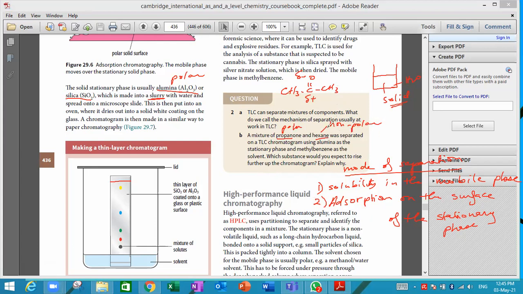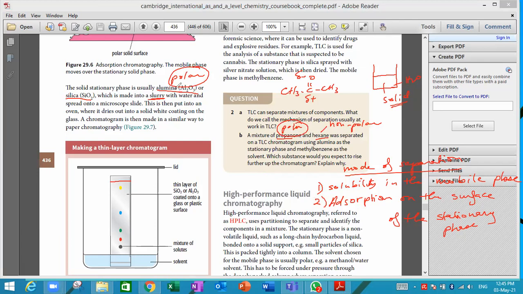So if we have a mixture of these two, one of them is polar and the other is non-polar, and we run this mixture on a TLC chromatogram containing alumina, which is polar. So which one will be adsorbed at the surface of alumina? The polar one, because we said that like dissolves like.